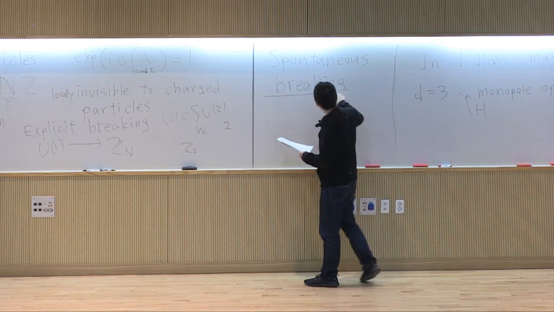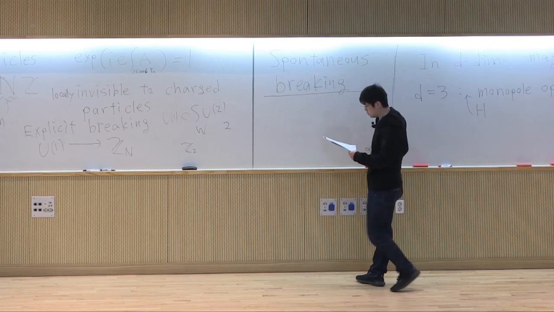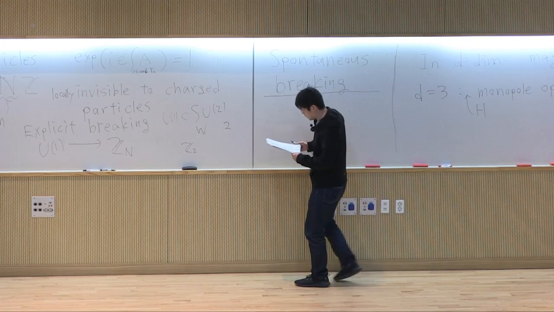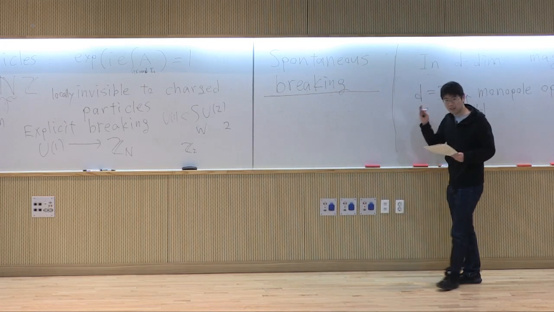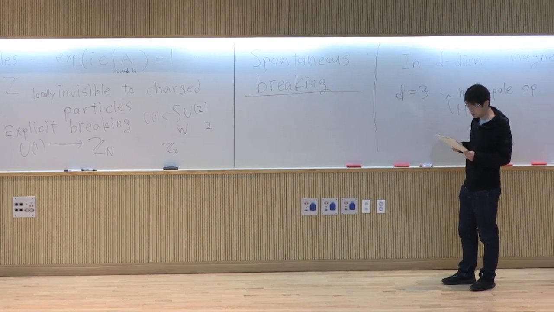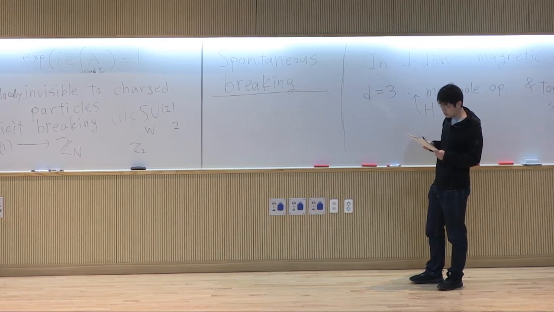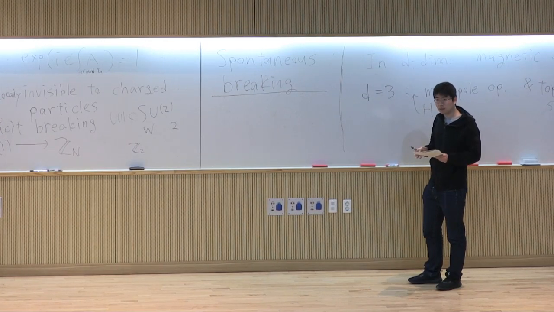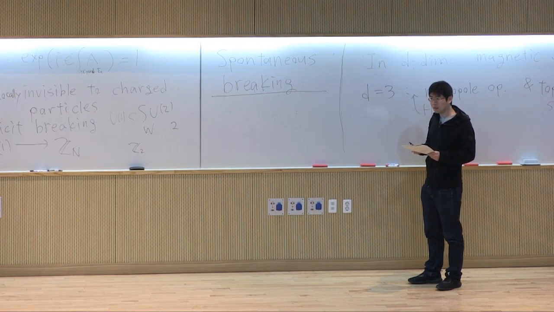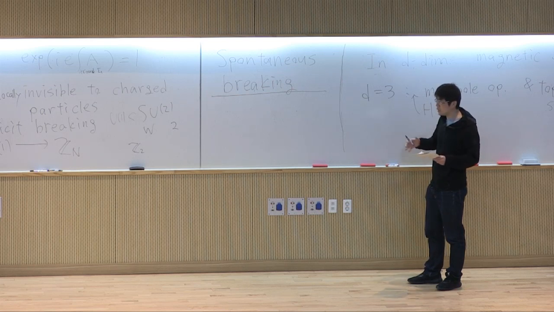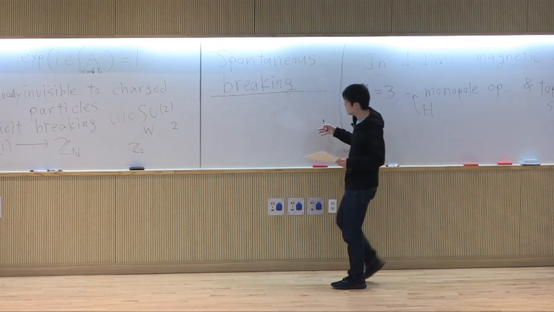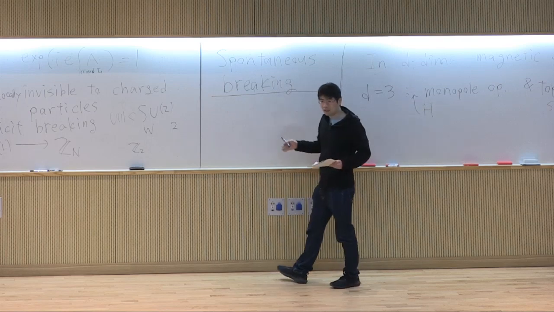Okay, so let me discuss spontaneous breaking. I mentioned yesterday the condition about spontaneous breaking. We consider some charged operators and take the size of the operator to be very large.